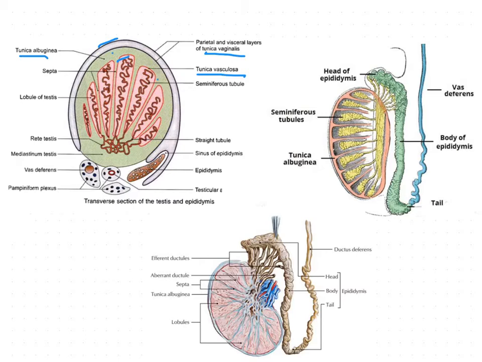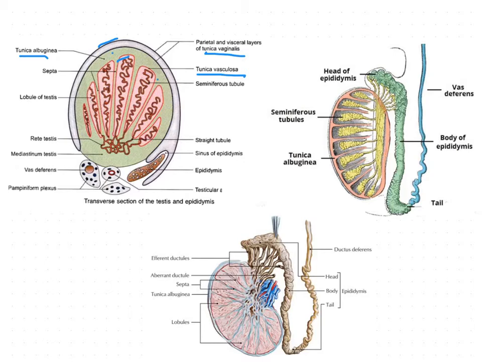The tunica vaginalis represents the lower persistent portion of the processus vaginalis. The processus vaginalis is a peritoneal fold, an extension from the abdominal wall into the pelvic cavity, which extends into the scrotum and finally ends up as the tunica vaginalis.